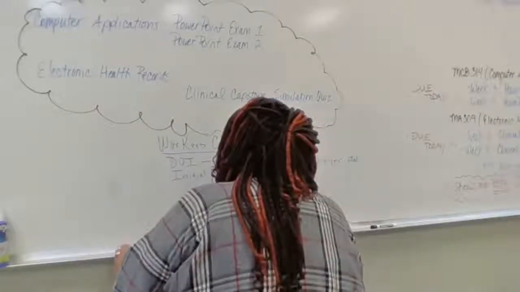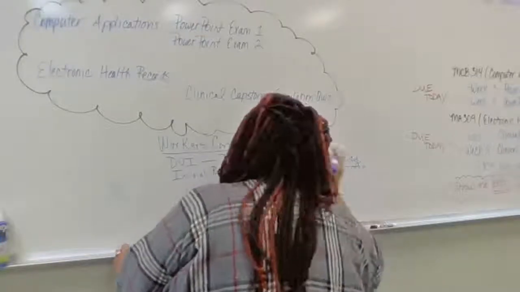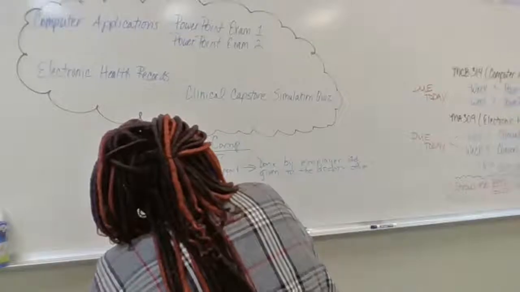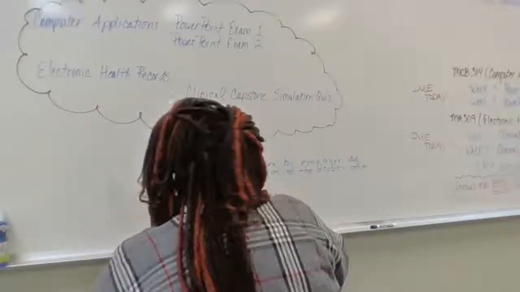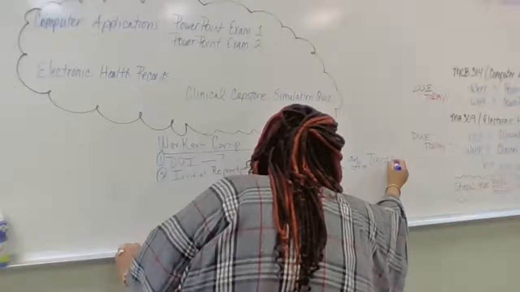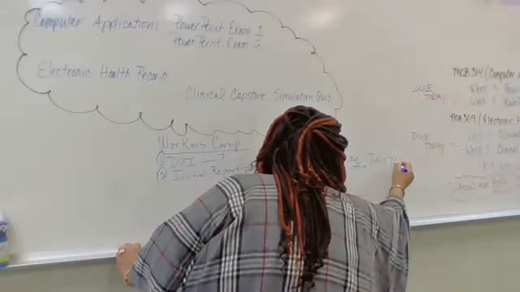All right, so you need the date of injury, you need the initial report. And back in my days, form 72, or 77, it's been a while.